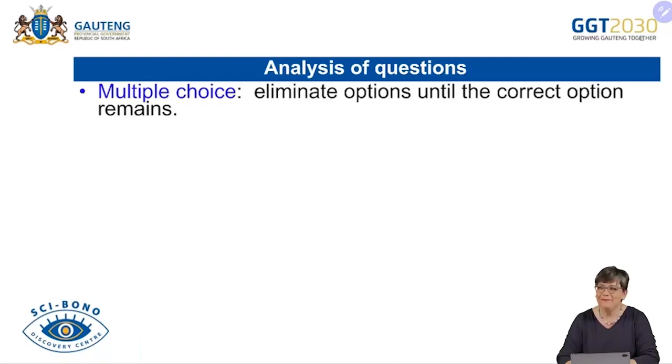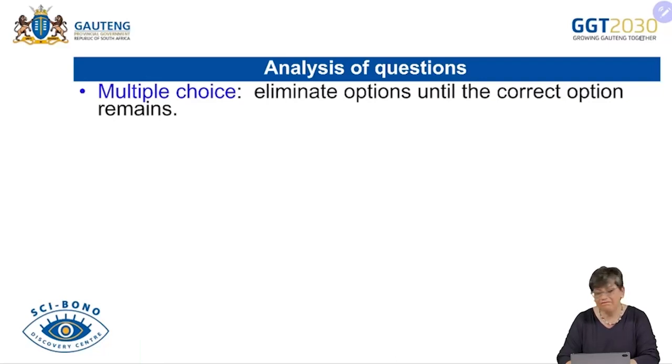Multiple choice. Now, I'm sure you would think a multiple choice is easy, but they can be really difficult at times. So how do you find the correct answer? Use the process of elimination. In other words, look at each answer and decide whether it is the right answer.